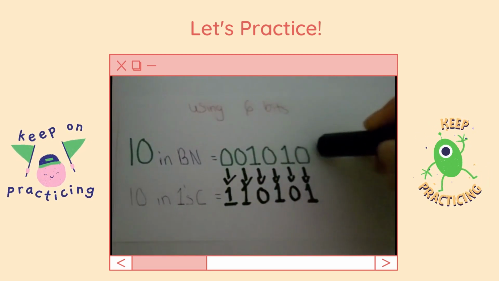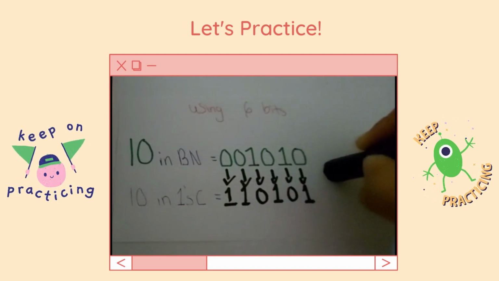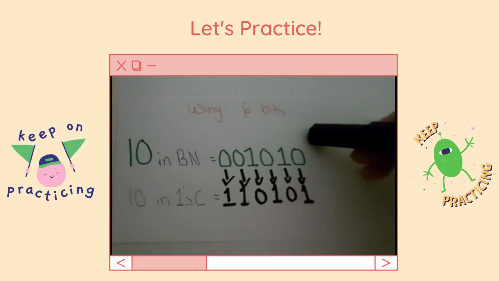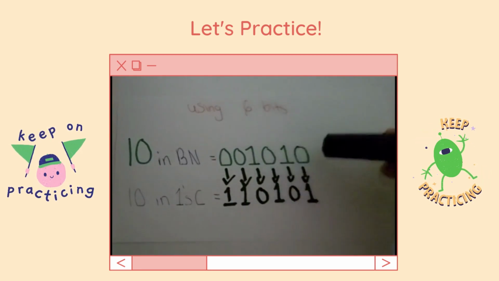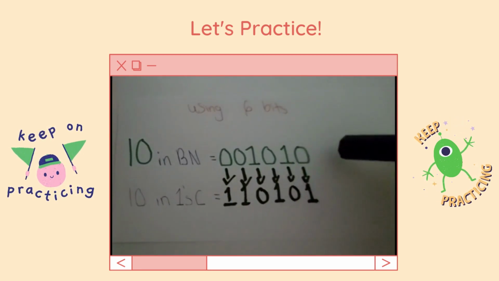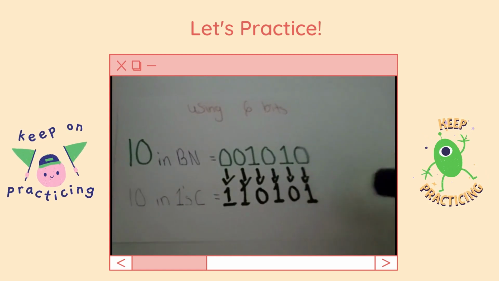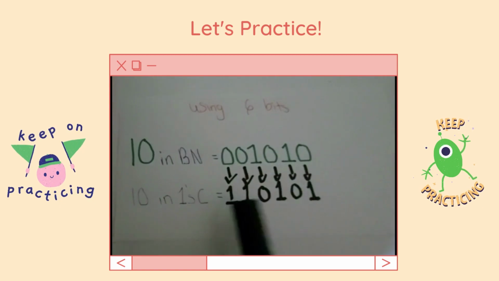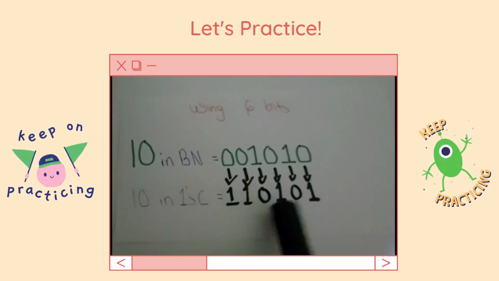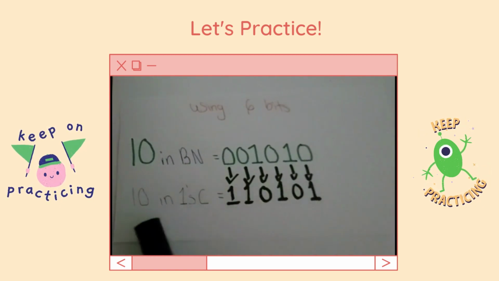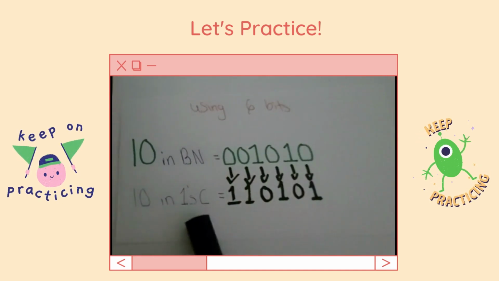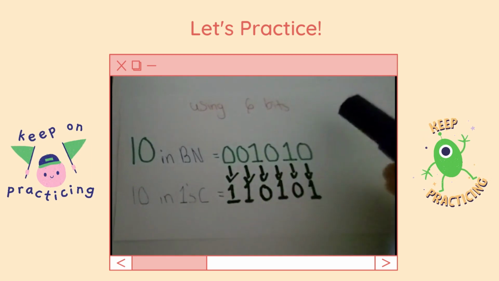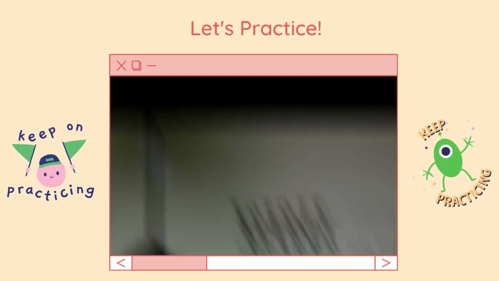So all we did here was do the opposite of the binary. If the binary number contained a 0, then the opposite of a 0 would be a 1, since there are only 2 digits in the binary system. This is basically how we got 110101 as the number 10's one's complement.